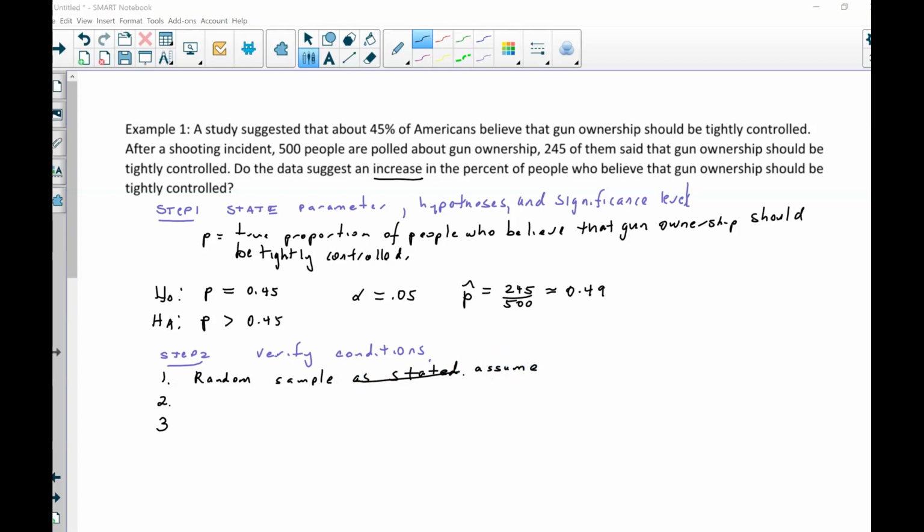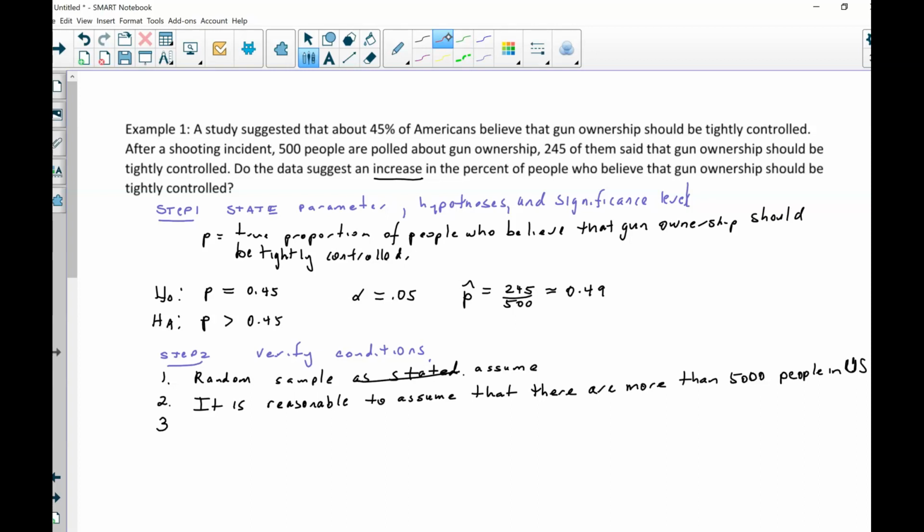The next is, it is reasonable to assume that there are more than 5,000 people in the U.S., and that should be a capital S. The necessity of that first condition is it allows you to generalize the results of your study. And the reason for that second condition, it allows you to sample without replacement.